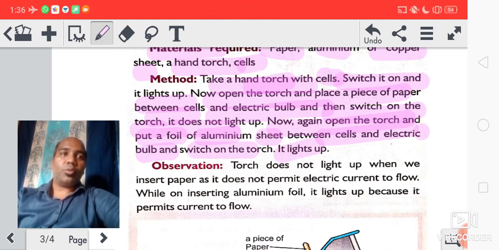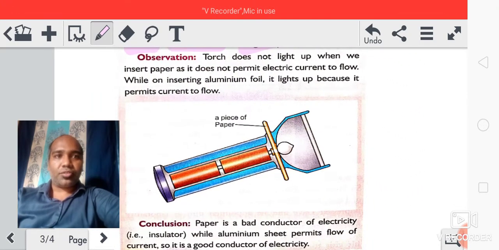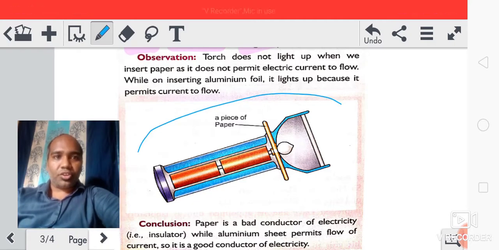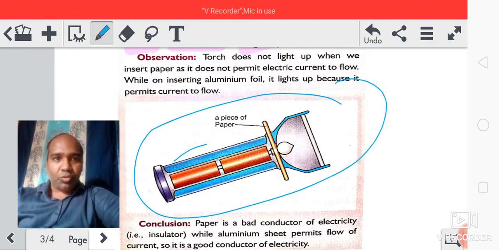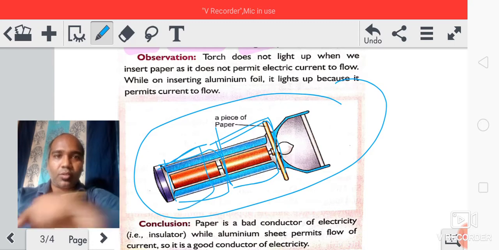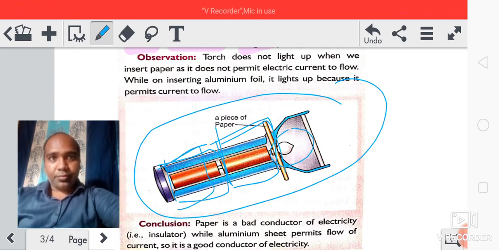Okay, so I have told you speedily. Now this is the torch. This is your torch and these two are the cells. Generally you call them battery cells. These are the two cells. Now here there is a bulb.